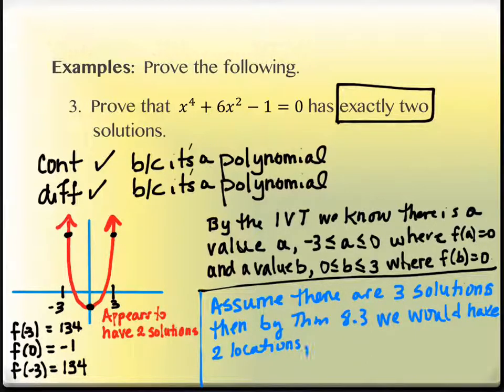There's 2 places where f prime of x equals 0. There should be 2 of them. So how can we go about figuring out how many places we really have where f prime is 0? We're going to take the derivative. All right, so let's do it.